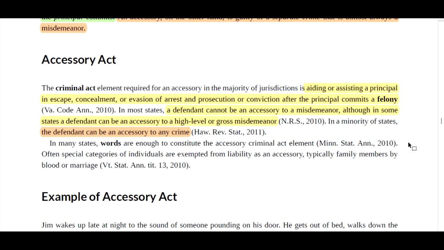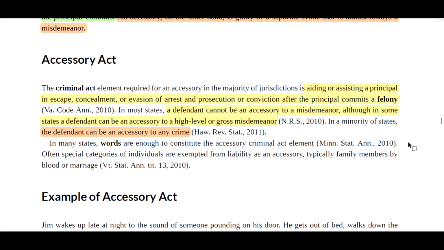So, accessory act. The criminal act element required for an accessory in the majority of jurisdictions, and this is true for Pennsylvania, is aiding or assisting a principal in escape, concealment, or evasion of arrest, prosecution, or conviction after the principal commits a felony. Please note, felony, not a misdemeanor.